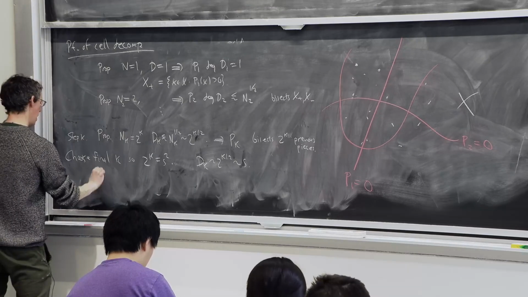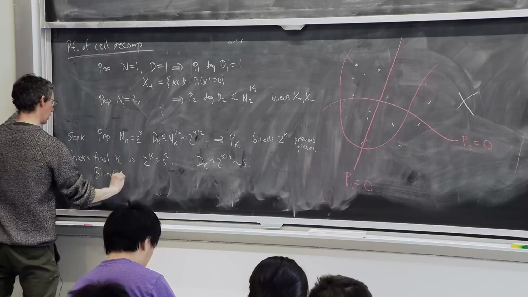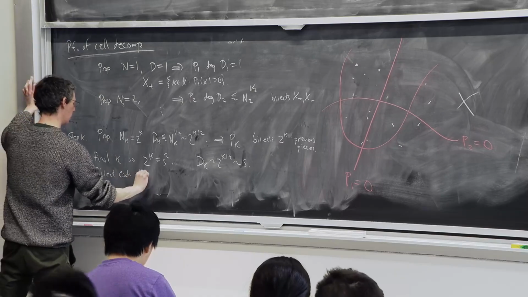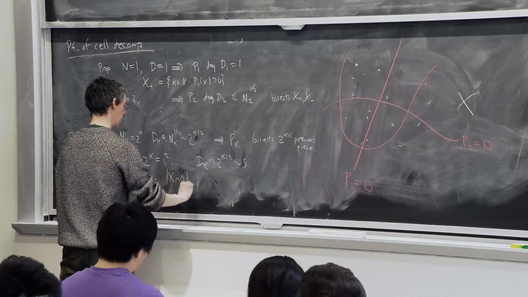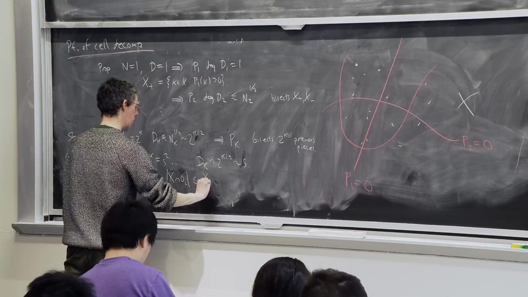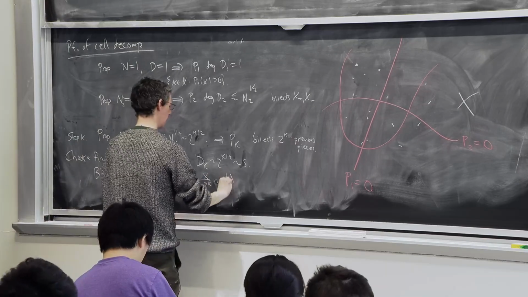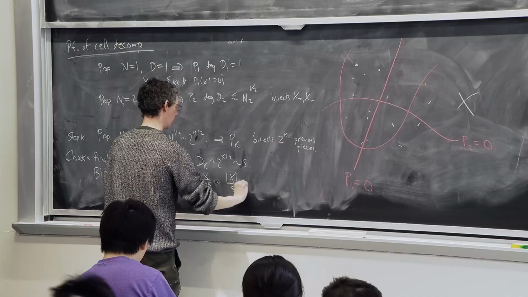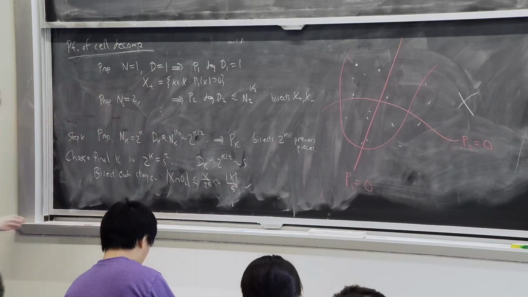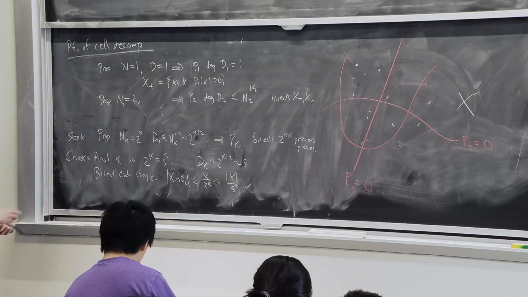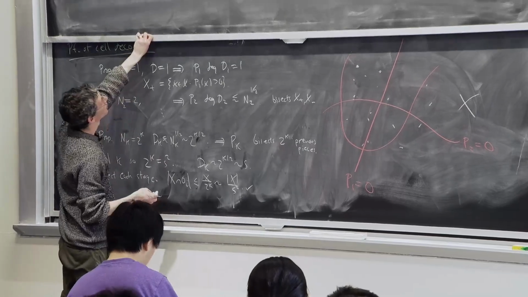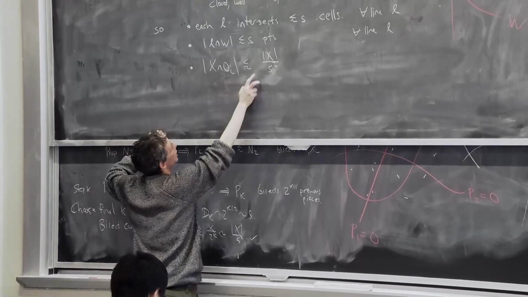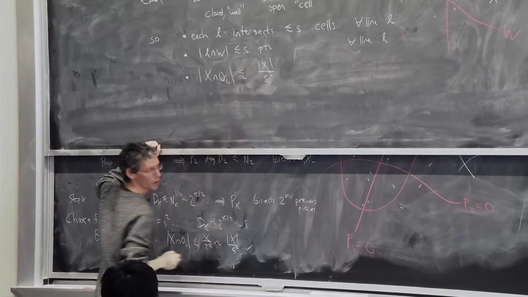So since I bisect at every stage, I get x intersect OI smaller than x over 2 to the k, which is like x over s squared. So that's my third bullet. So I'm trying to prove each cell has only a 1 over s squared fraction of the original points.